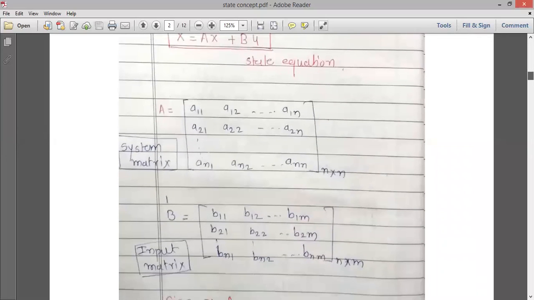Here A is called the system matrix. The coefficients related to x are arranged into this matrix, which is a square matrix depending on the number of variables. The number of variables is n, so it is an n by n matrix.